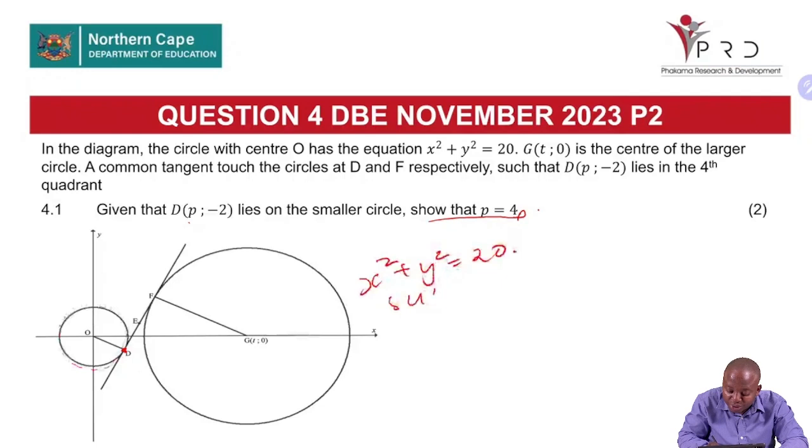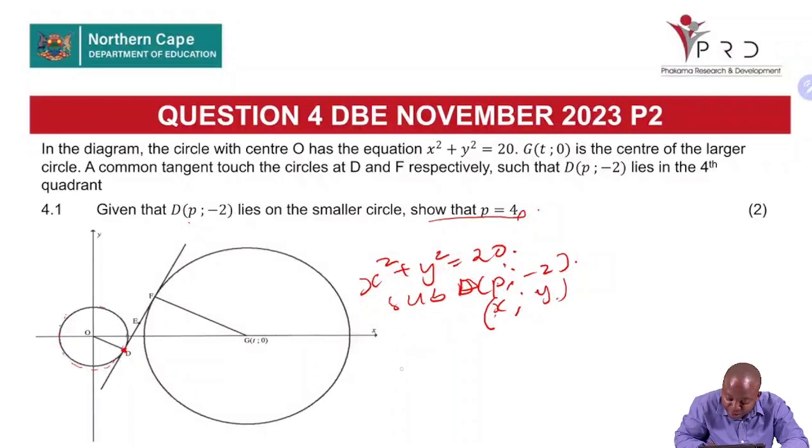So we substitute D, because D lies on this circle, (P, -2). Whenever we see x, we put P. When you see y, we put -2. So it's going to be P squared plus our y value, which is -2 squared, is equal to 20.